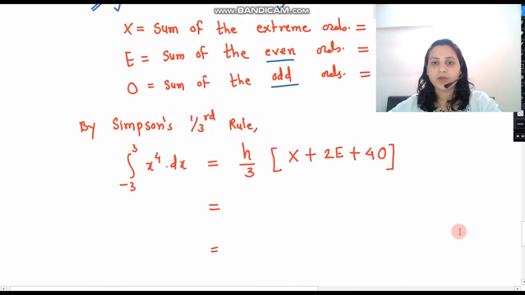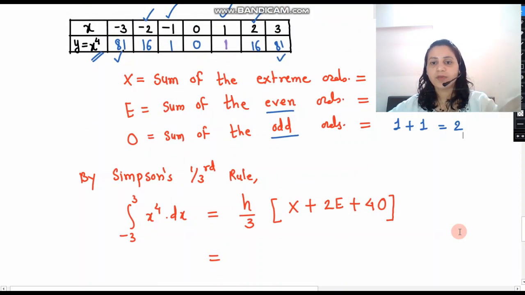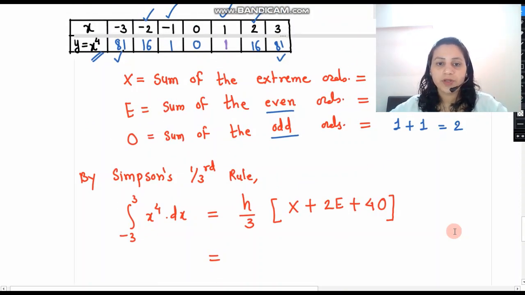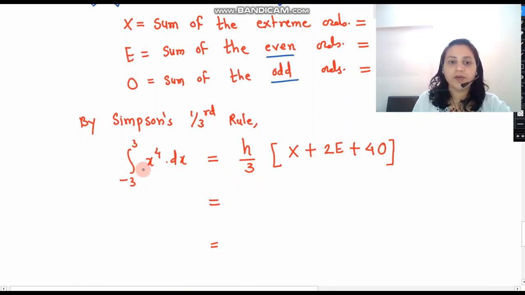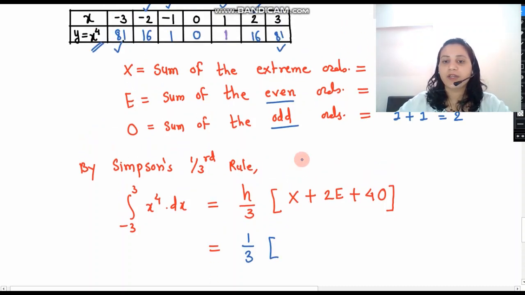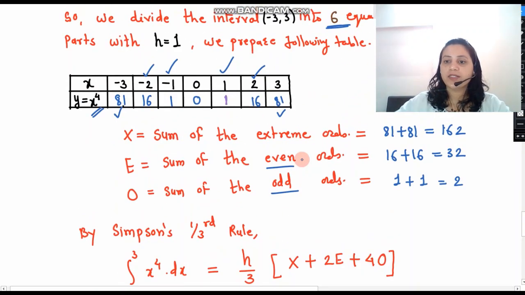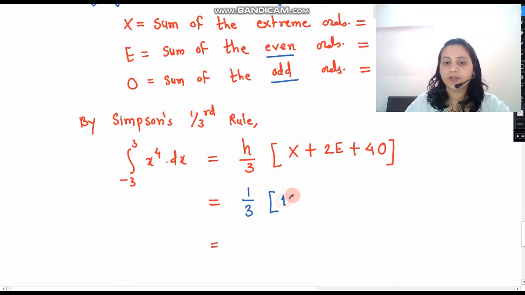So once I get all the values, the remaining part is we have to substitute all the values in the given Simpson's one-third rule. Now here Simpson's one-third rule is this: h is equal to 1/3 as it is, times x, the value of x is 162, plus 2 into 32 plus 4 into 2, right?